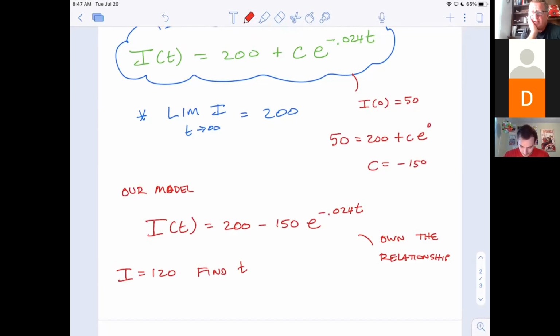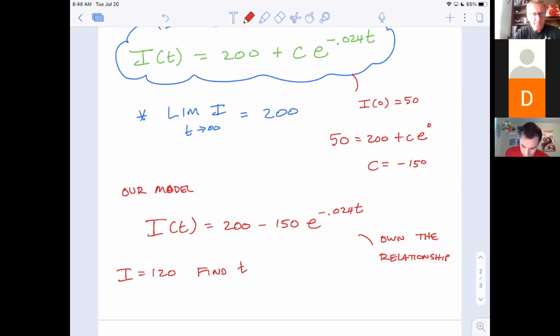You're not just going to turn the tank on randomly for 25 minutes and wonder what happened. You're turning it on for a reason, and you want there to be a certain amount of iodine, 120. And it's kind of fun because you guys have studied a whole bunch of math over the course of your lives, and this isn't an easy equation to solve for T. It involves logarithms and so forth.